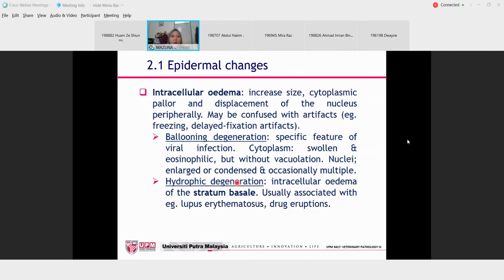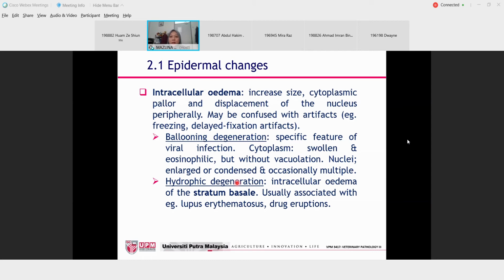Okay, and then of course there can be intracellular edema. Intracellular meaning there is edema inside the cell. So the cell will end up being larger in size, and the cytoplasm usually appears very pale. And then there could be displacement of the nuclei to the periphery.